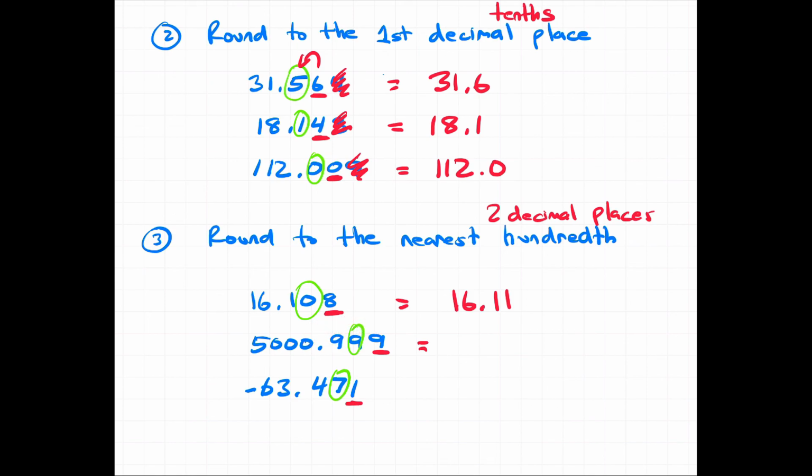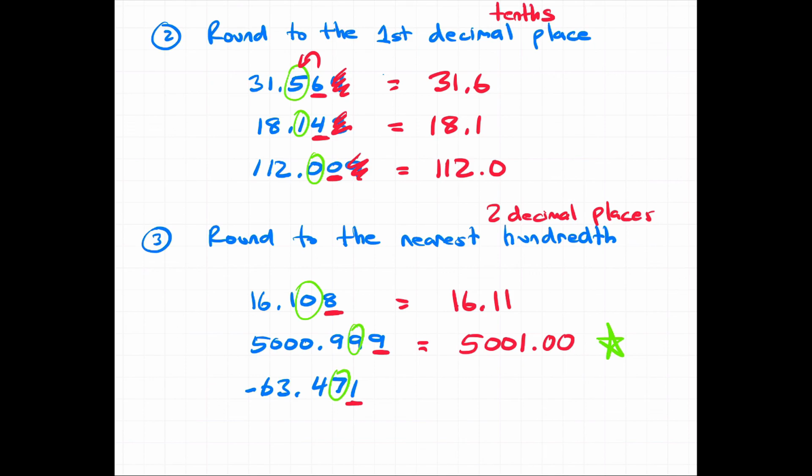And we actually end up with 5,001. Now, we're supposed to have 2 decimal places here, and they would just end up being zeros. So this one right here is a little bit tricky for students sometimes to understand.